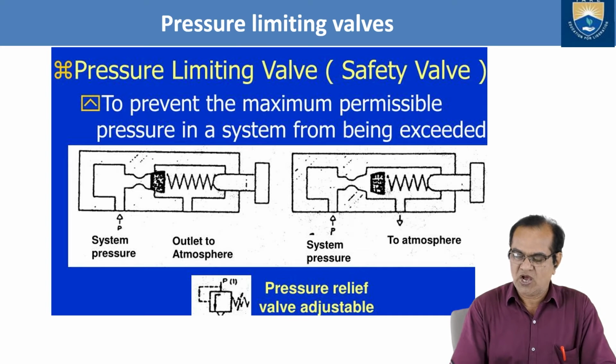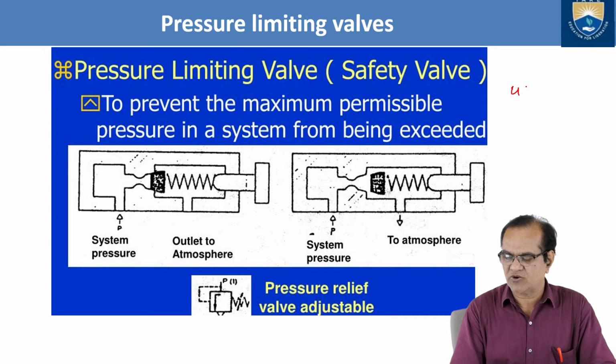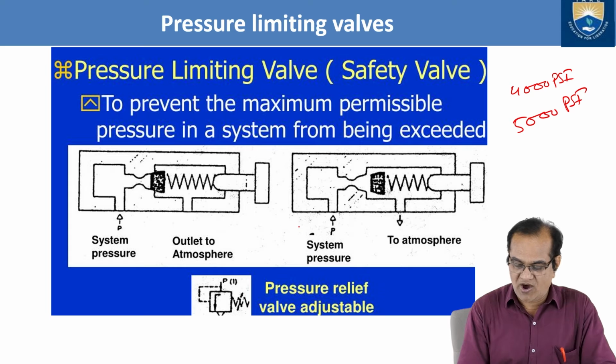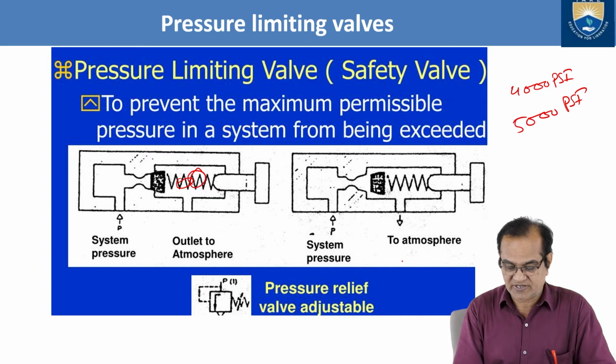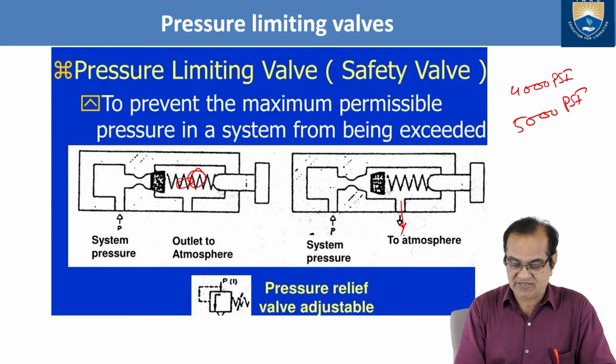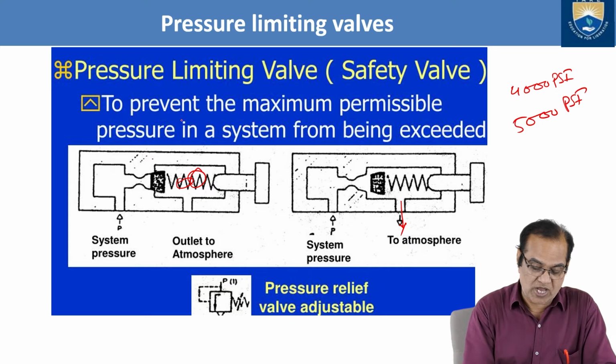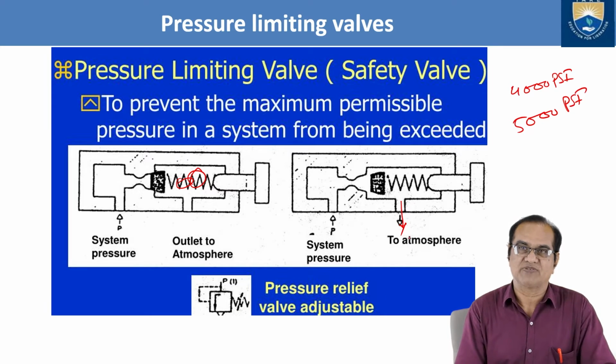So suppose one system is working at 4000 psi and all of a sudden 5000 psi has come. There is a valve, and this valve will outlet to atmosphere. This is the system pressure and these are the springs and they will lift and the flow will go to this side. It will not go to the output, it will go to the atmosphere.